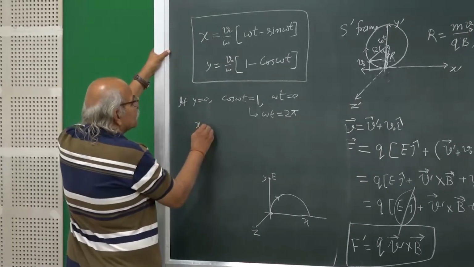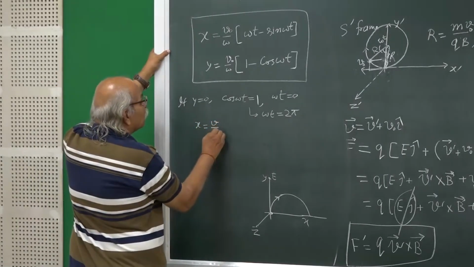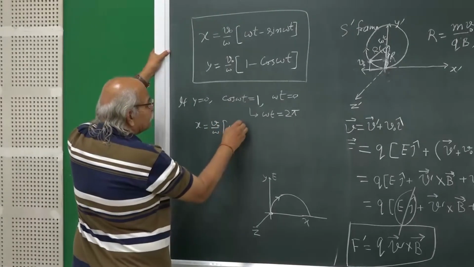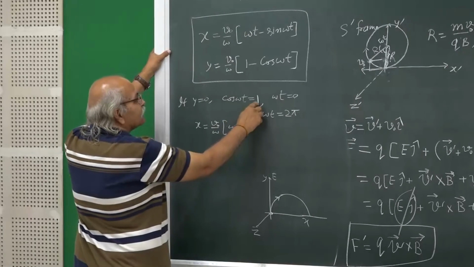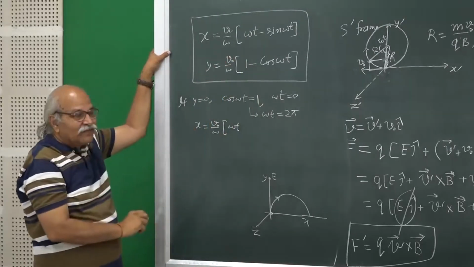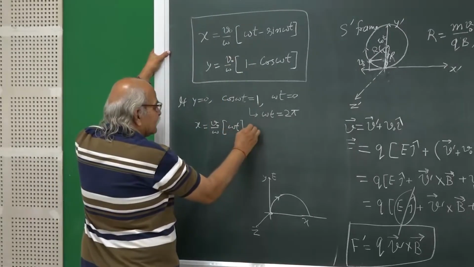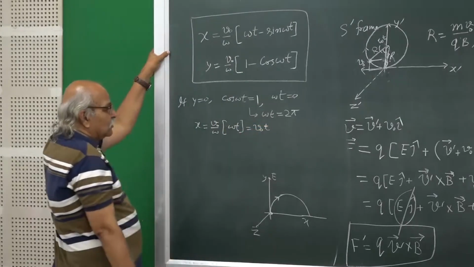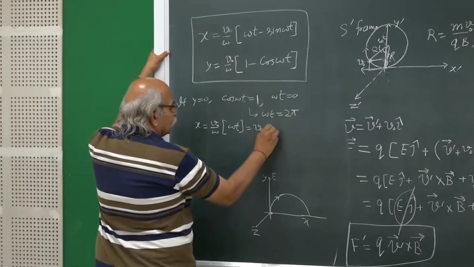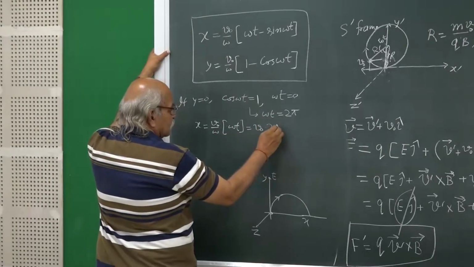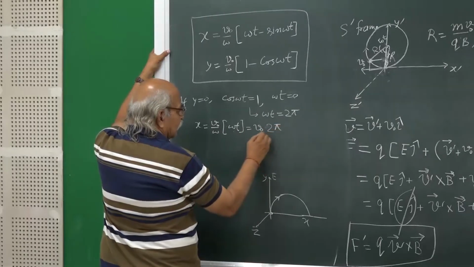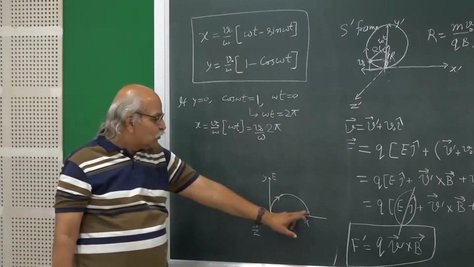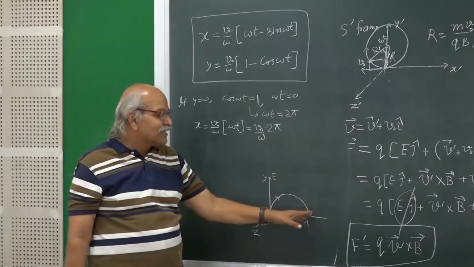X is V naught by omega times omega t, and since cos omega t is 1, sin omega t must be 0. So x is V naught times 2 pi by omega. Yes, it will go and touch here.